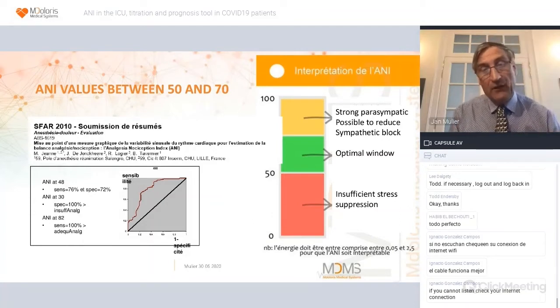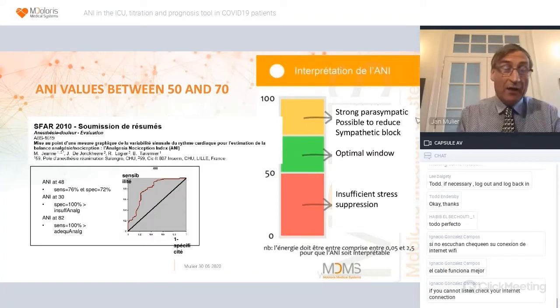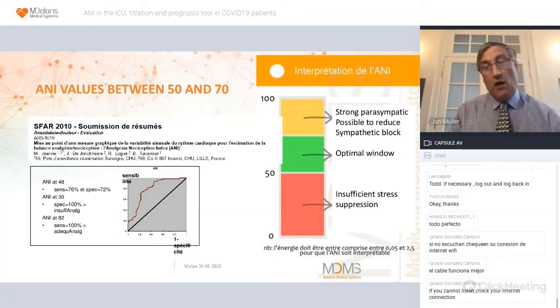As we can tell, if the power is strong, we say we have a strong parasympathetic system, and there is a possibility to reduce your sympathetic block. You don't need that much sympathetic block at that moment. Ideally, you're somewhere between 60, 70 percent. If you're below that, it means that the parasympathetic system is very, very weak, and you have a very strong sympathetic system at that time.